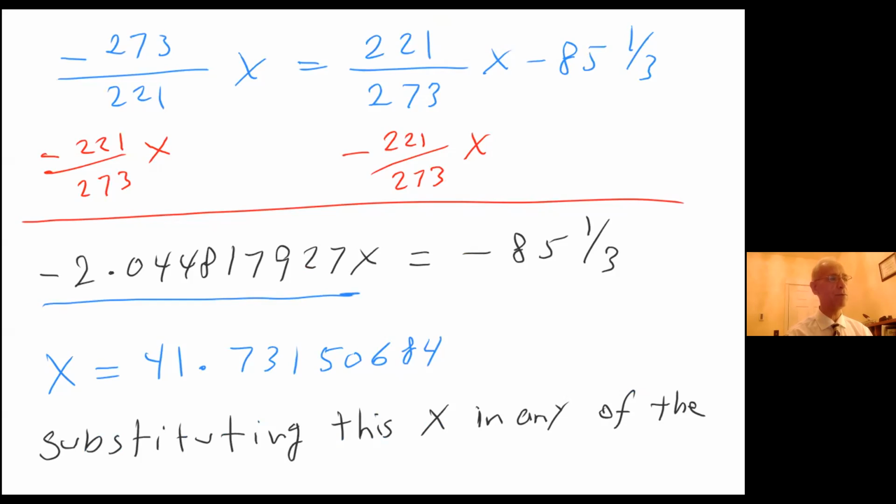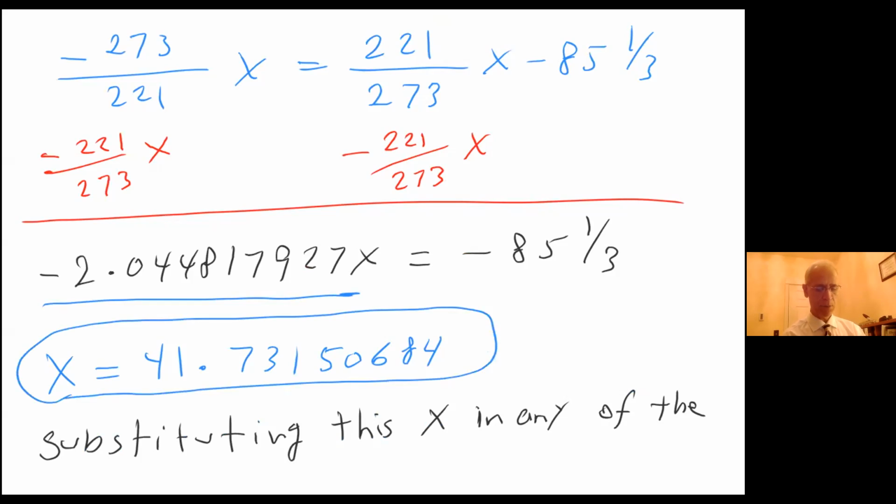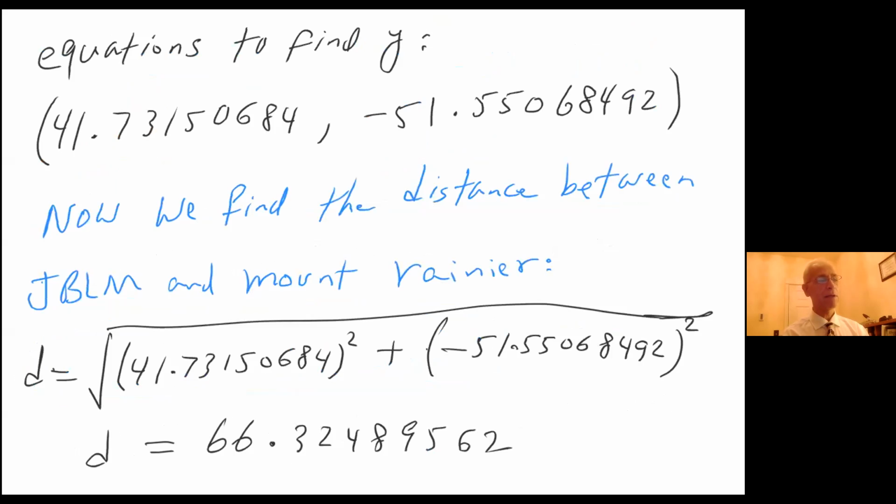Divide both sides by the coefficient of x, and you get x equals 41.73150684. Now I'm going to substitute this x value into any of those equations and find the y value. Plugging 41.73150684 into any of the previous equations gave me a y value of negative 51.55068492.